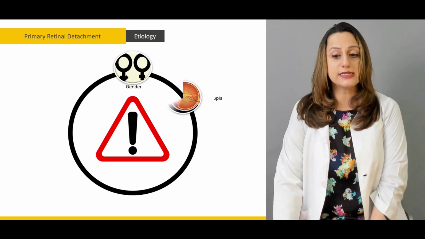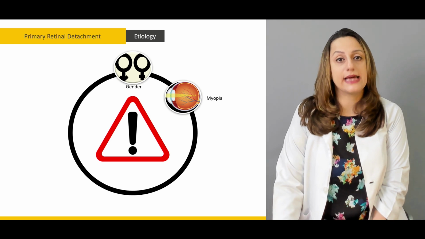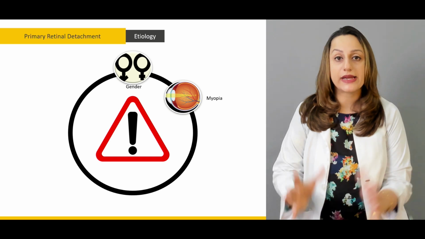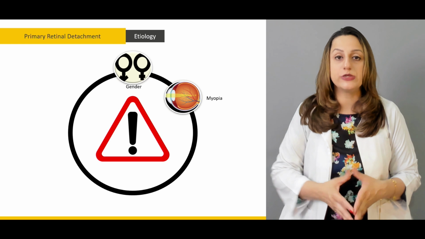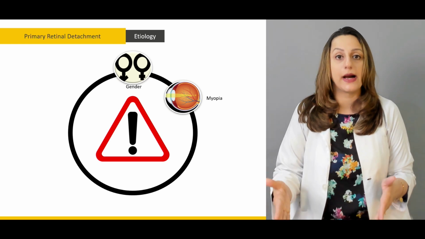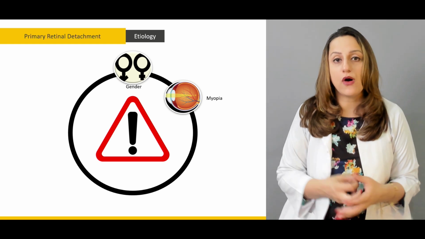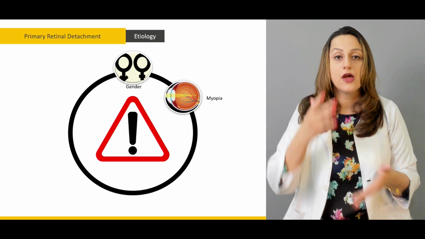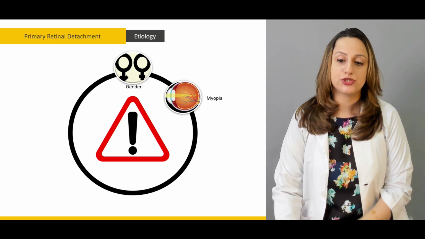Then the high myopes or long-standing myopes are more affected than the normal population. So usually you will get a patient who is a male, a long-standing myope, and basically this myopia is pulling off those tractional forces on the retina that are responsible for the final outcome of retinal detachment in these patients.